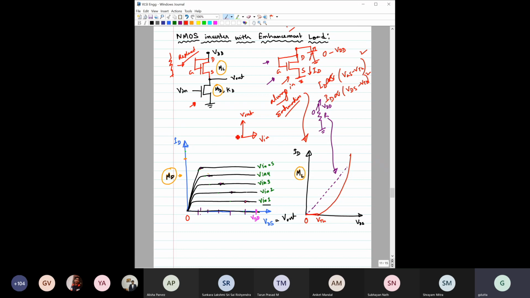Our goal is to find the VTC. VDS of ML is equal to VDD minus VDS of MD, so we can transform the axis. Please suggest how.